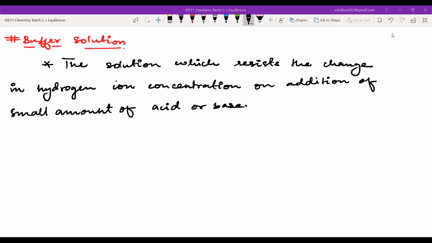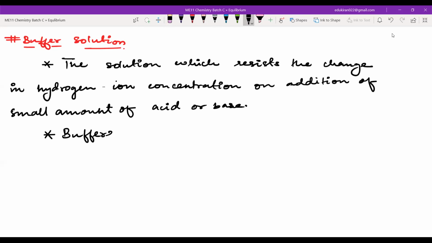What it is saying is that the solution which resists the change in the hydrogen ion concentration, right? It is not specifying at what concentration. So the buffer solution can be prepared with any pH. Okay.